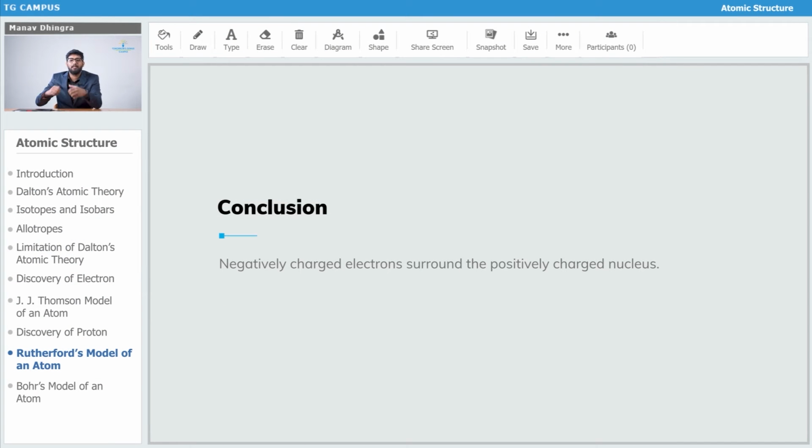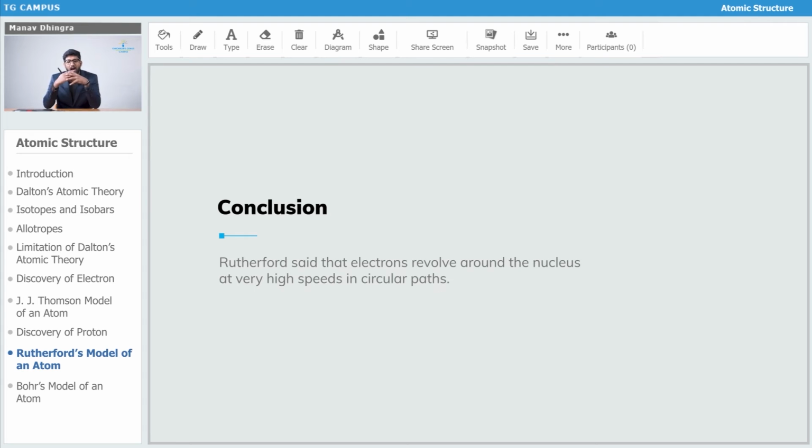The next conclusion was that the negatively charged electrons are revolving around the nucleus. And how were they revolving? They were revolving at a very high speed, like our planets revolve around the sun. That's how the Rutherford model of an atom was making its image.